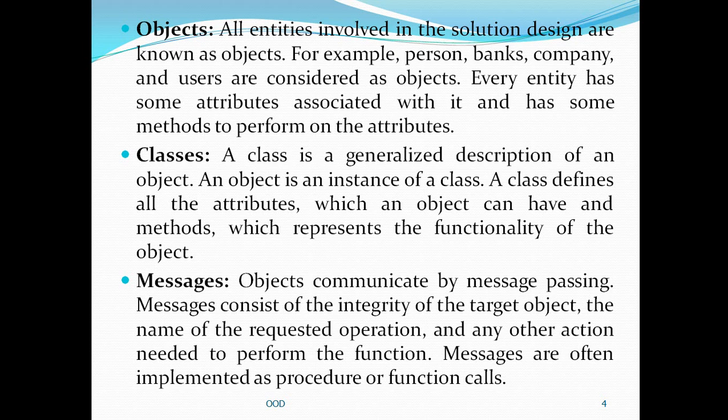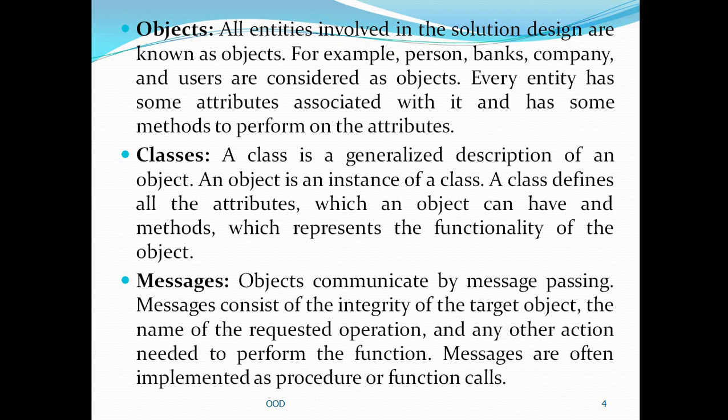For example, person, bank, company and users are considered objects. Every entity has some attributes associated with it and has some methods to perform on the attributes. So it is clear that an object is an independent unit and it is a part of the software, right? The object is also a real thing such as a person, bank, company, etc.